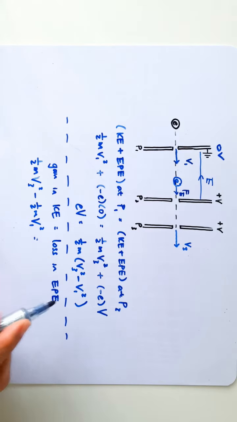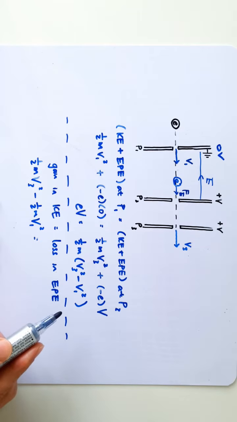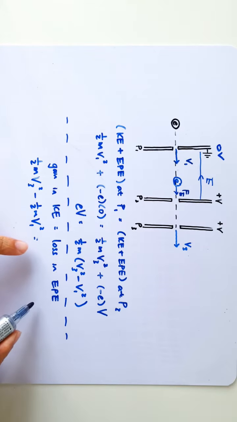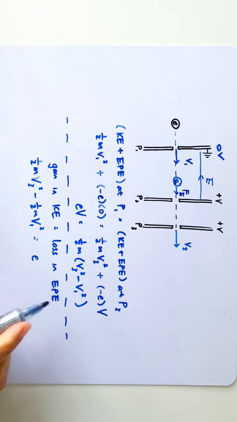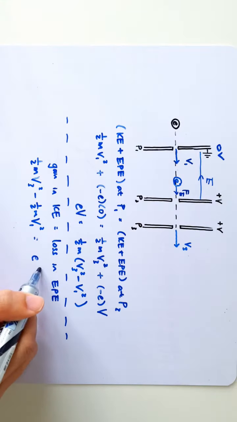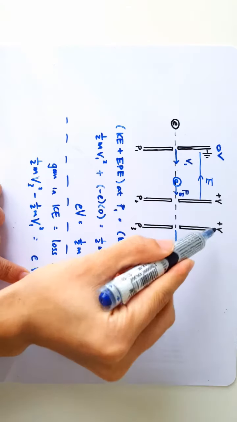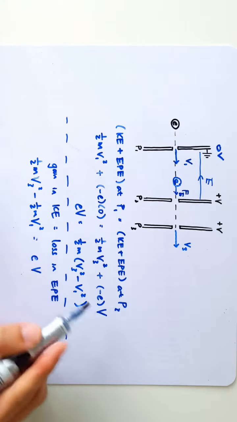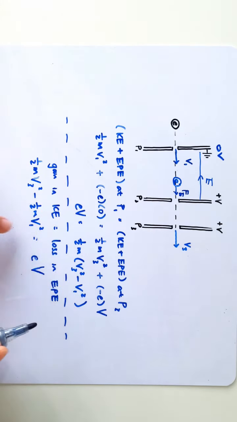The loss in EPE, for that we're going to do Q times delta V, so charge times the potential difference. Again, we want a positive number here, so I'm going to put down the charge of the electron, ignoring the sign, and the potential difference between them is simply V. Oh, sorry, the potential is V, there's no V3. So yep, this is the same expression as this one.